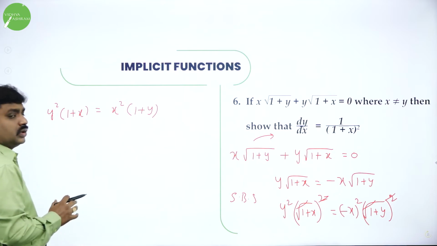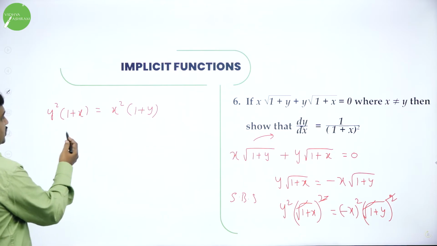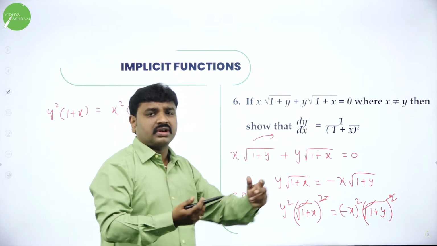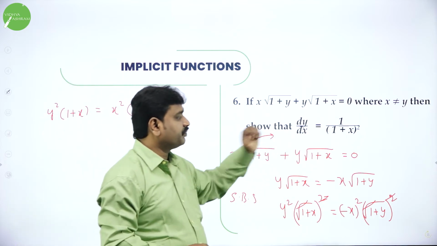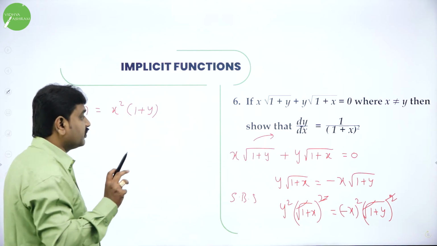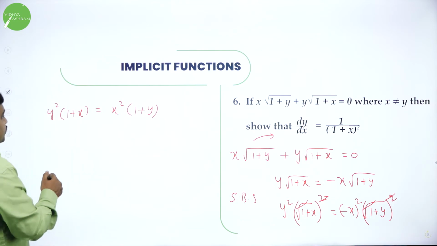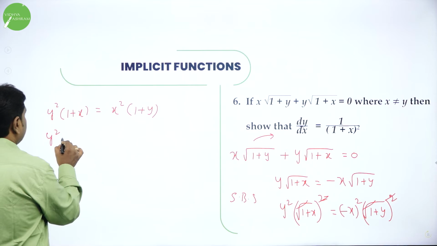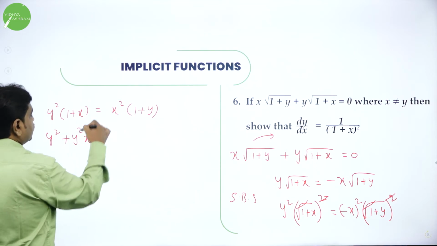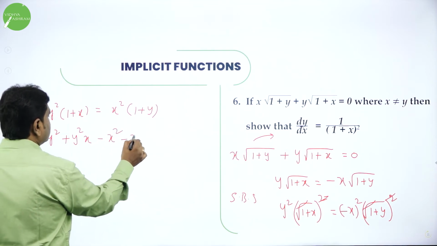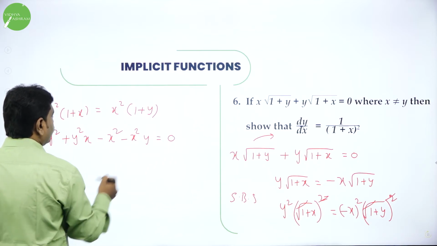Now here we will simplify this as much as possible. If they do not ask proof, however you want, you can rearrange and do it. They want this strictly, so 1 plus x should be one of the factors. So I will make y the subject. I will multiply y square plus y square x, bring these terms to this side, it will become minus x square minus x square y is equal to 0.